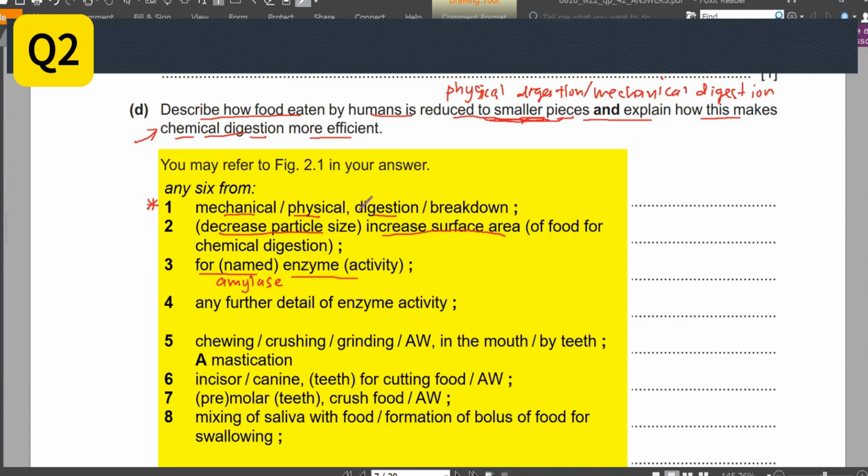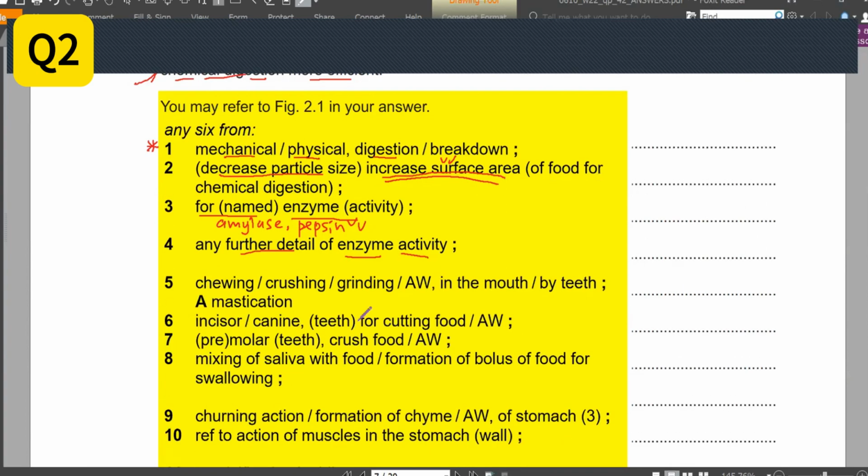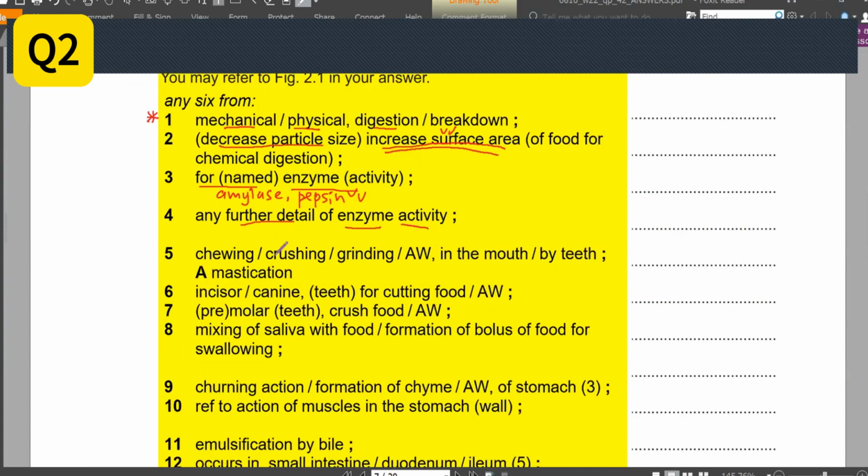Essentially, decreasing the particle size will increase surface area, and increasing surface area will be beneficial for any enzyme activity. For example, here we can mention amylase, pepsin, any enzyme, and then we can get one more point. Any further detail of enzyme activity will also be acceptable as a point.